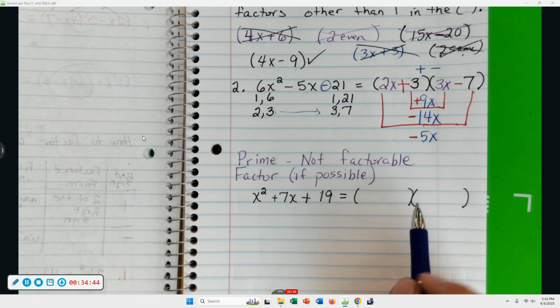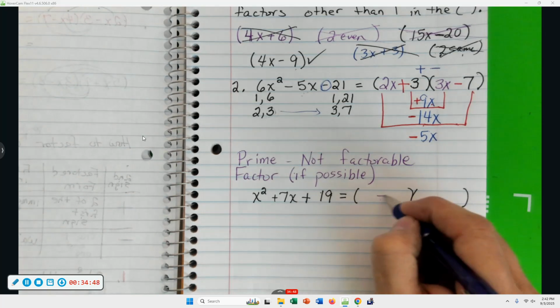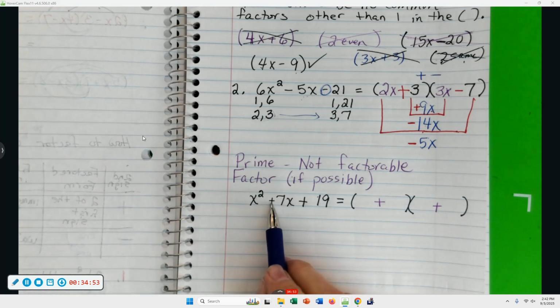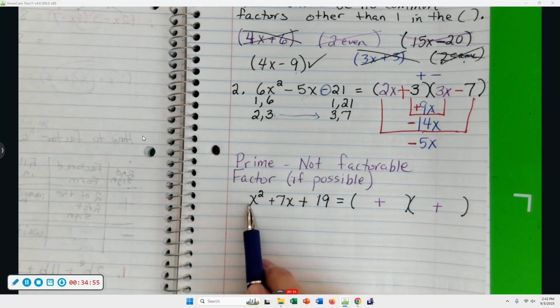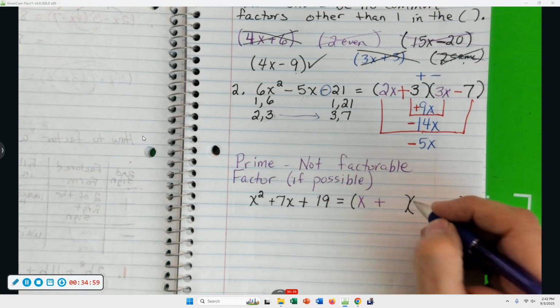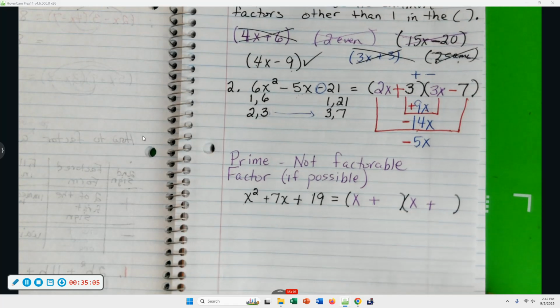Two pluses, two minuses, or one of each? Two pluses. If the second sign is plus, two of the first sign. Now there's not a number on the x squared, so all you do is put x in x. X times x gives x squared.